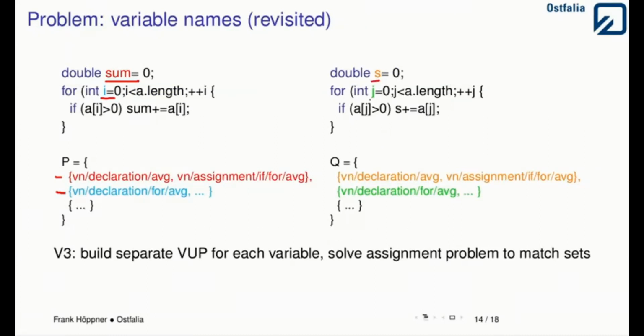For the code on the right, we do the same, and now we can recognize that sum and S are used in the same fashion by comparing their VUP sets. We solve this by using an assignment problem, and more details can be found in the paper.